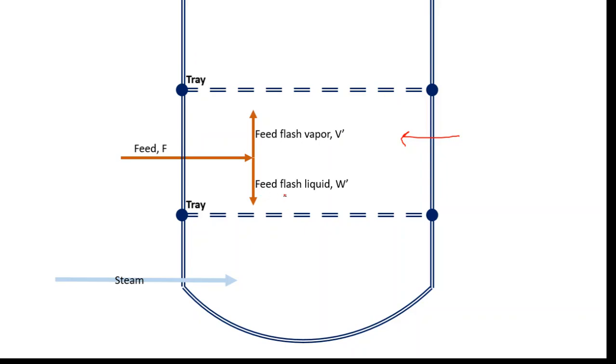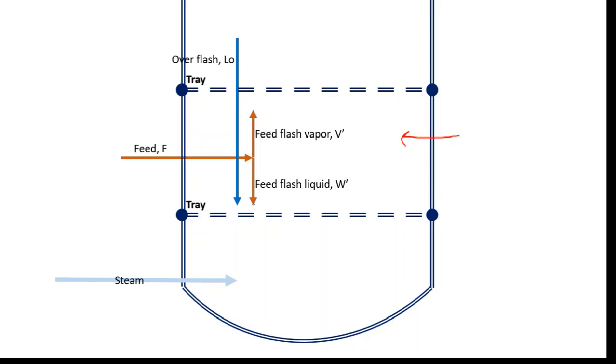This feed flash liquid is coming into the bottom section, and one important thing is that overflash L0 is also a liquid stream, coming from above the flash zone into the flash zone.